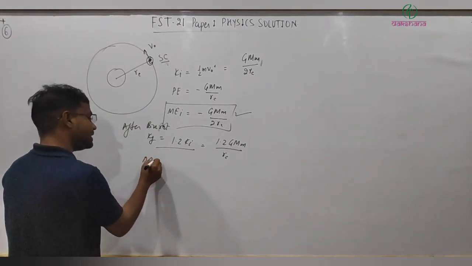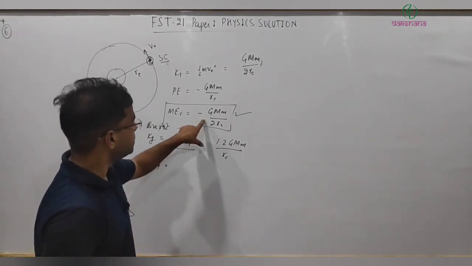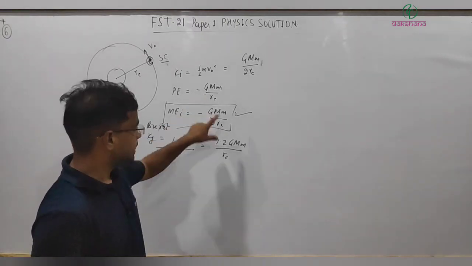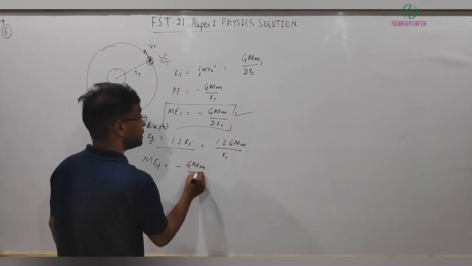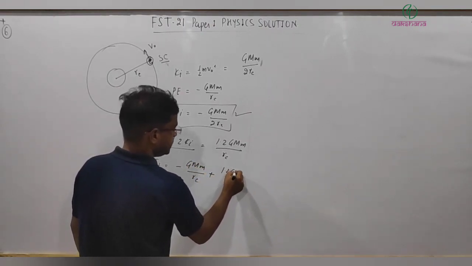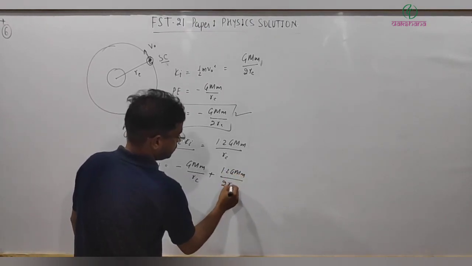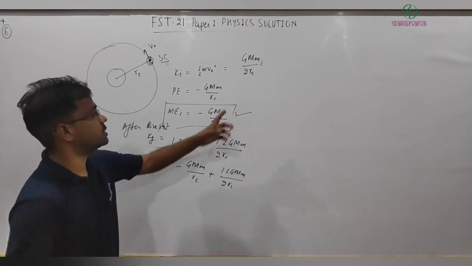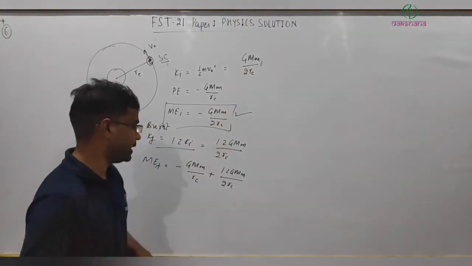Now total energy after the burst will be equal to what? Potential energy does not change, kinetic energy changes, so I can write minus GMm divided by rc plus 1.2 GMm divided by 2rc.